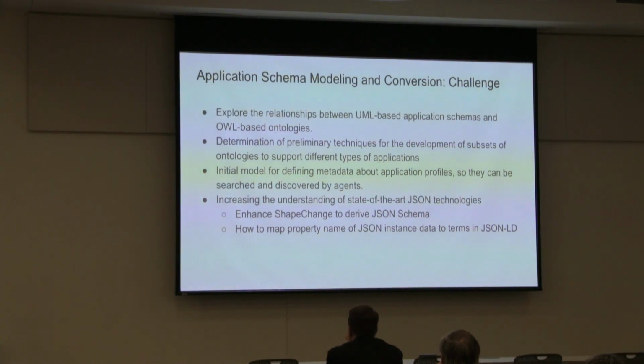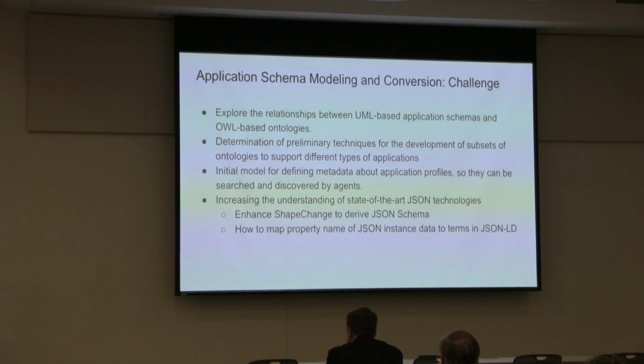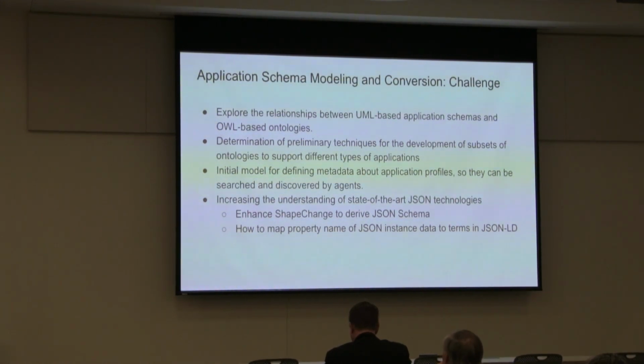Determination of preliminary techniques for the development also of subsets of ontologies to support different types of applications. Initial model for defining metadata about application profiles. This includes definition of RDF application profiles, as I said, for linked data applications.